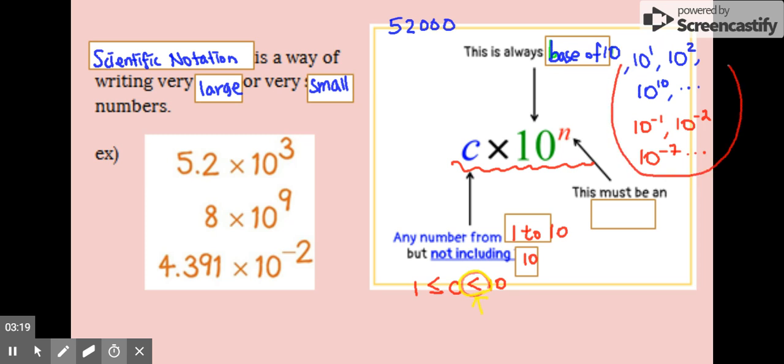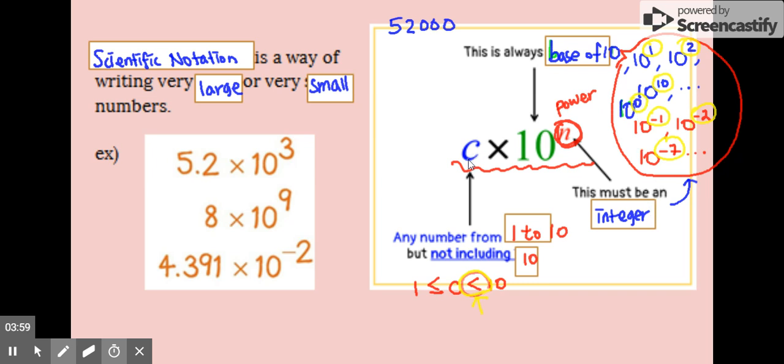I need you to write the power next to the base of 10. Everyone see 10 to the nth power, this is a power. Those are the exponents. This must be an integer. So the examples are 1, 2, 10 integers, -1, -2, -7. Or it could be 10 to the 0 power, because 0 is also an integer.